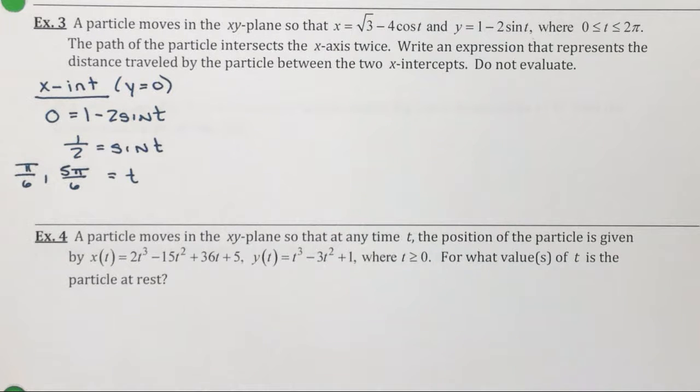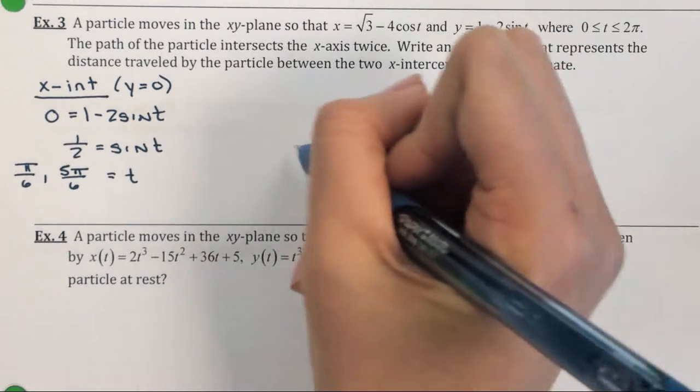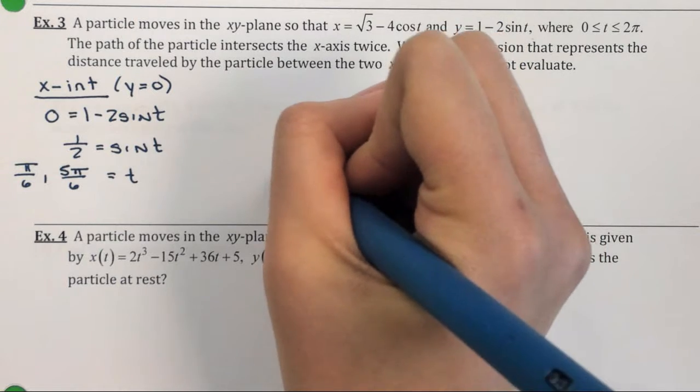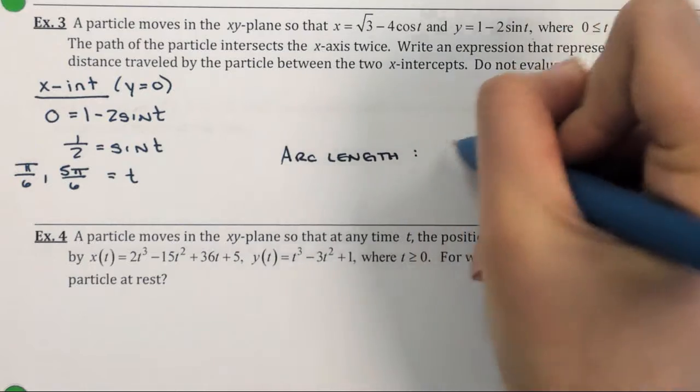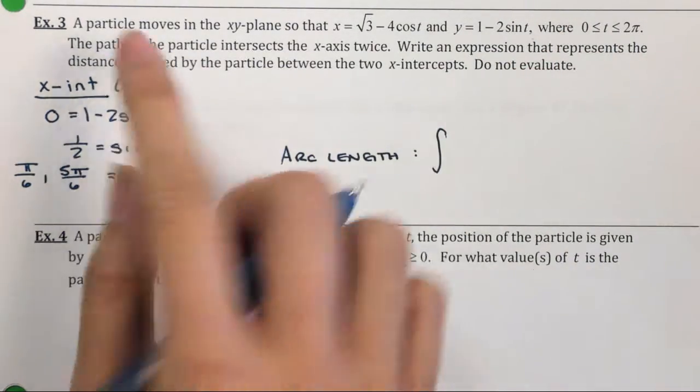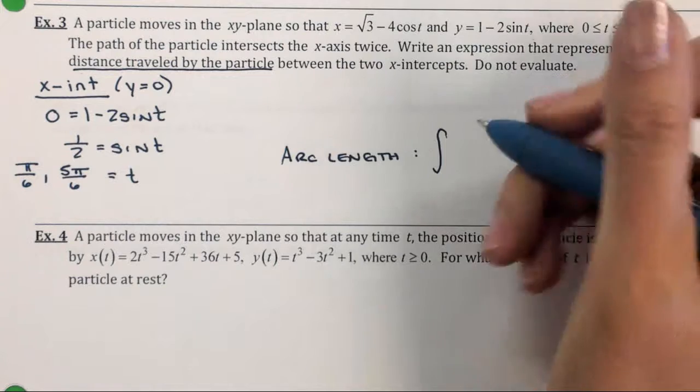Okay, now, this is how I think about distance. Remember, these are particles and they're moving over a plane. So remember in last class I told you that distance was what formula? Nobody remembers. Yes, arc length, right? So arc length is distance traveled by the particle.